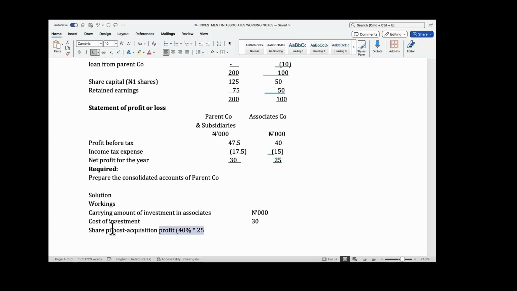What you need to add here is your share of the profits the associate has made from when you acquired that investment. That's what you need to add here, not just profit for the year. Not that profit of the year will not be included, but the profit the associate has made subsequent to when you acquired the investment.